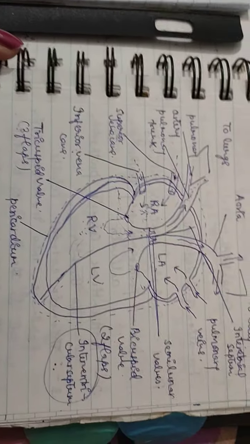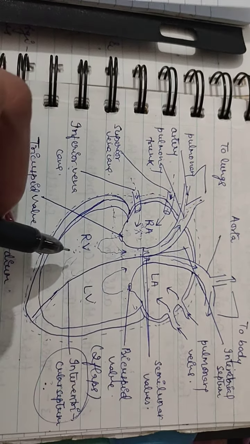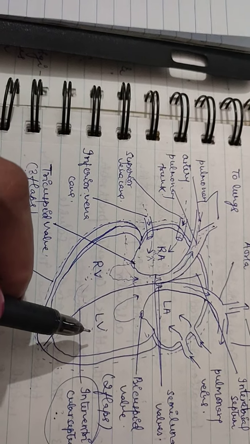So you can see the structure here. This is the structure of the heart. You can say this is the right atrium, right ventricle, left atrium and left ventricle.